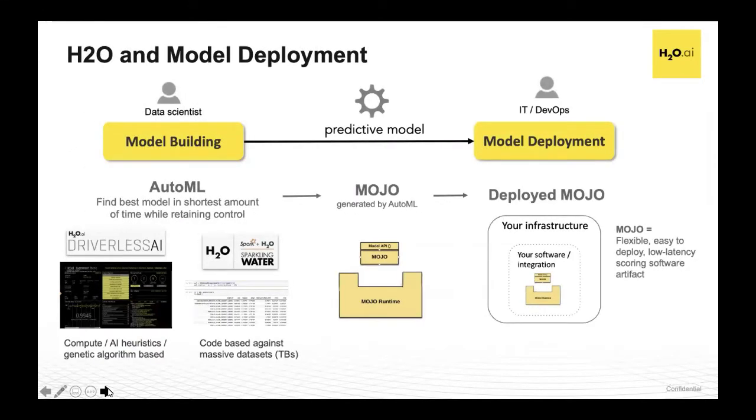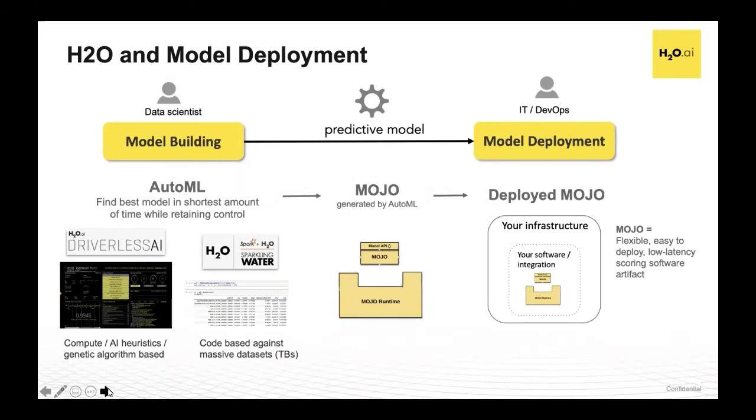Now, that being said, I want to talk a little bit about some of H2O's technology in the deployment space, which is not something that's brand new or even part of this whole thing that we have called MLOps. But one of the things you really need for deployment is a deployment ready model artifact. We talked about that in the prior session, but now I want to introduce this idea of the H2O Mojo, which is a flexible way to deploy models into production.